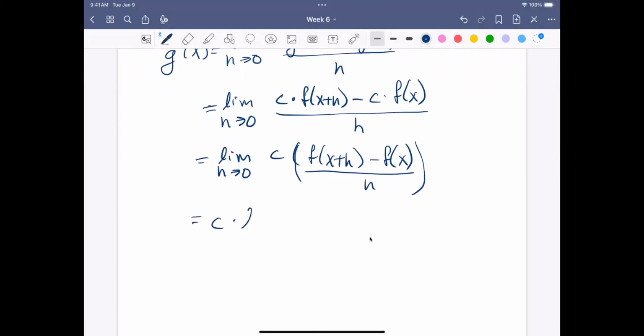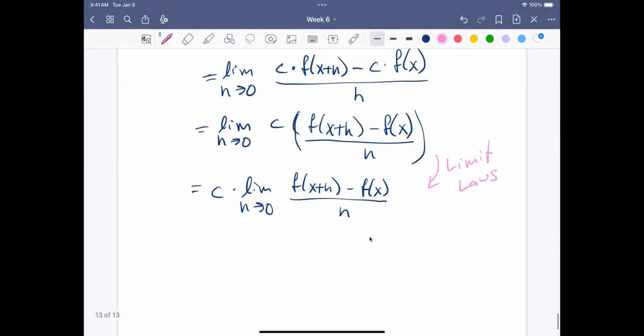I've got limit laws that tell me I can do that. So it's c times the limit of f of x plus h minus f of x all over h.